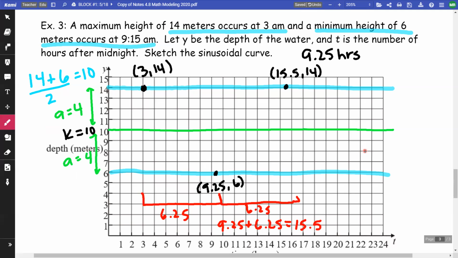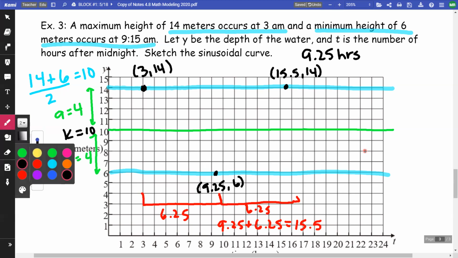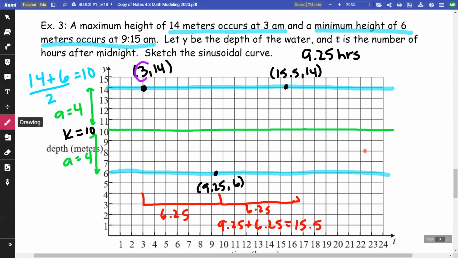I'm going to do cosine. If I want to figure out where the zeros are, and when I say zeros, I mean vertical shift, I am going to take my 3 and my 9.25 and average those.